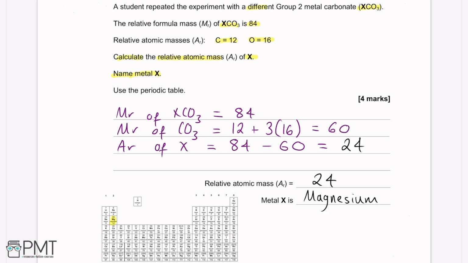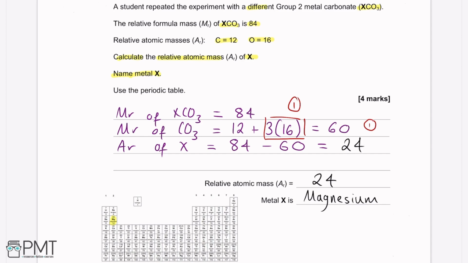So this was a 4-mark question. Okay, 1 mark was awarded for thinking to do 3 times 16, so remembering it's CO3. And then 1 mark was awarded for this whole calculation here, so 12 plus 3 times 16, getting you 60.